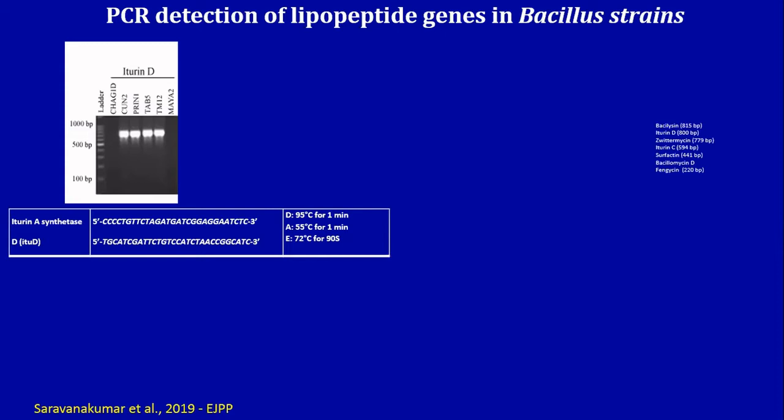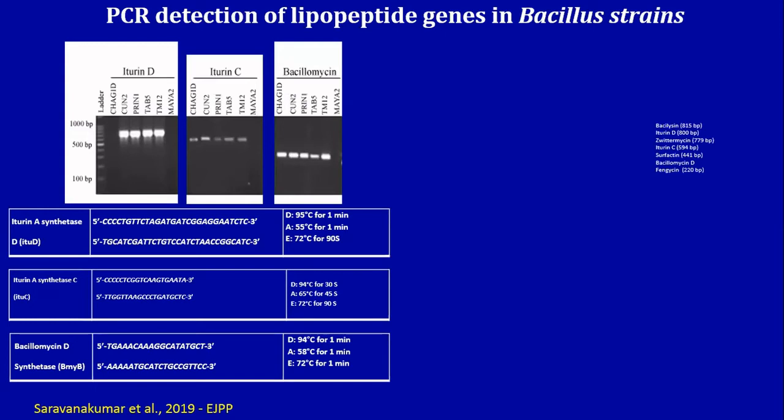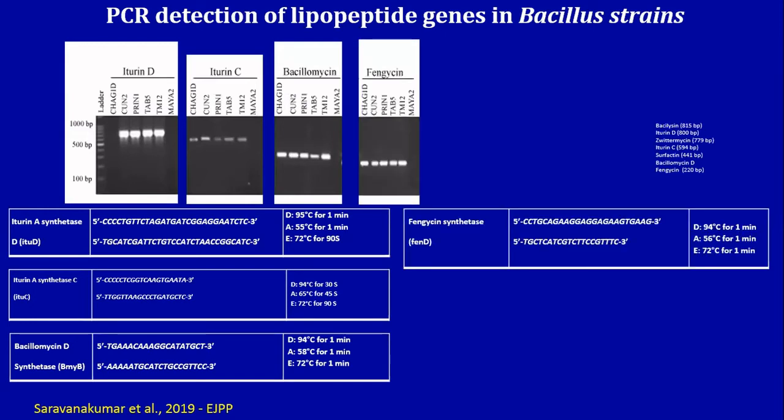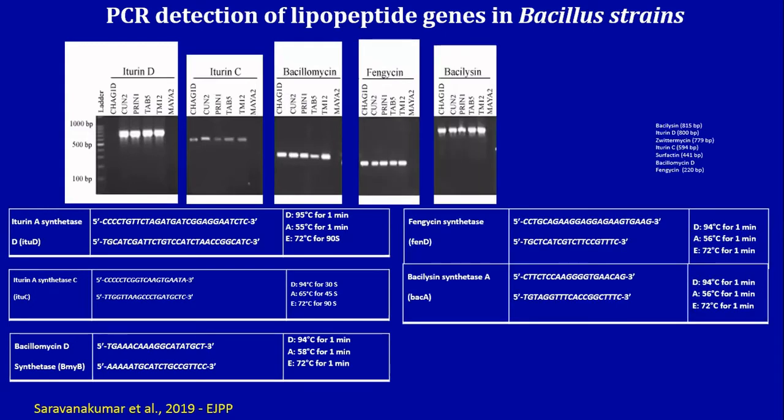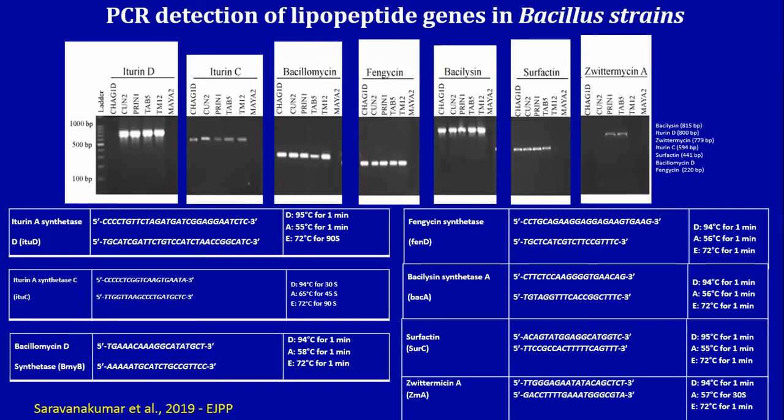We used different primers to detect the genes present in our strains, like iturin, bacillomycin, fengycin, bacillicin and surfactin, using different primers as well as different PCR conditions.